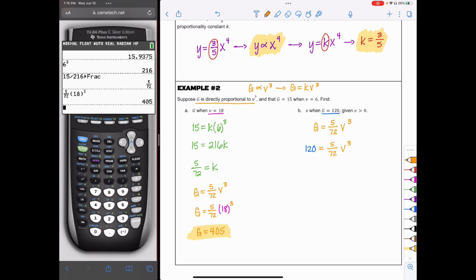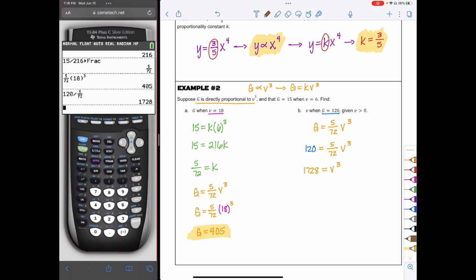The first thing I want to do is divide both sides by 5 over 72. So if I do 120 divided by 5 over 72, I will end up getting 1,728. And that's going to be equal to V cubed.